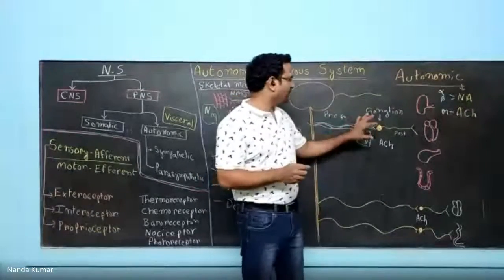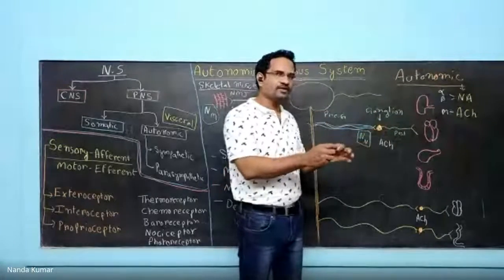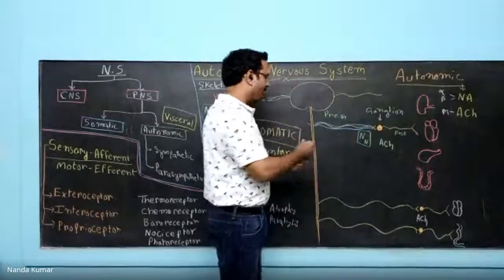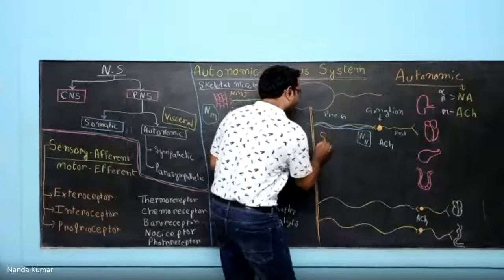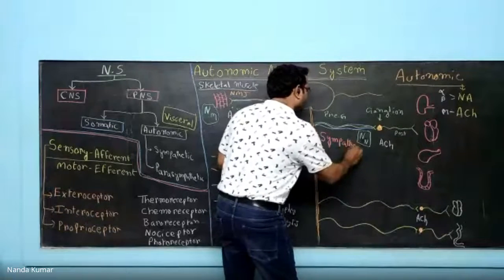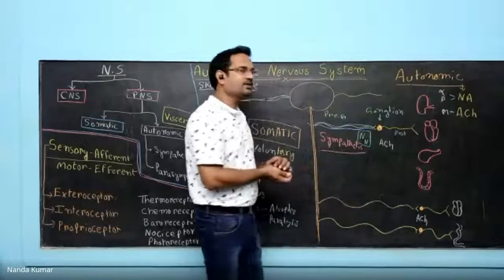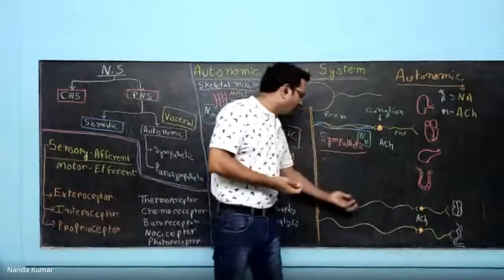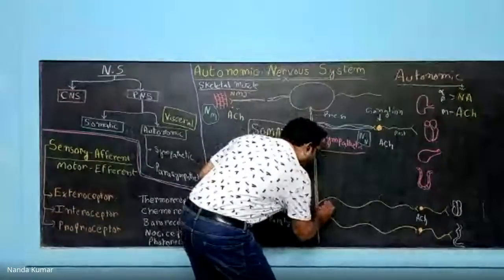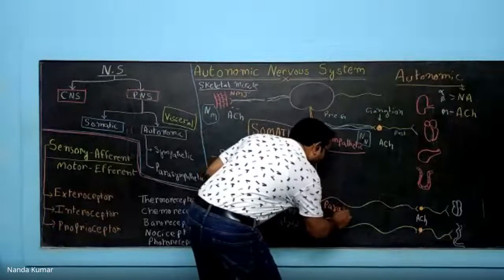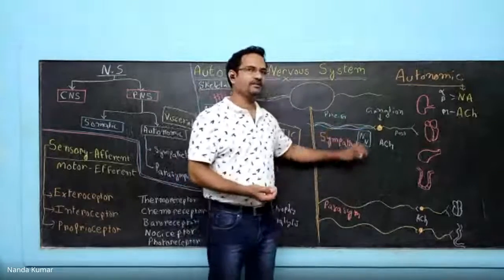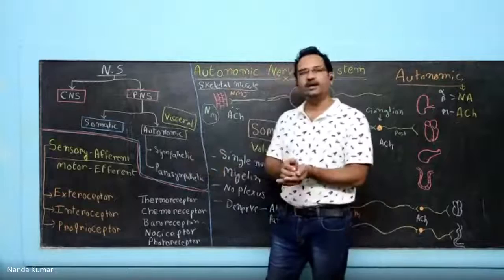The one in which preganglionic and postganglionic are almost similar, or the preganglionic is a little shorter, is considered the sympathetic nervous system. So the sympathetic has a shorter preganglionic neuron, whereas the one with a longer preganglionic neuron is considered parasympathetic. This is the anatomical difference based on which they are classified.